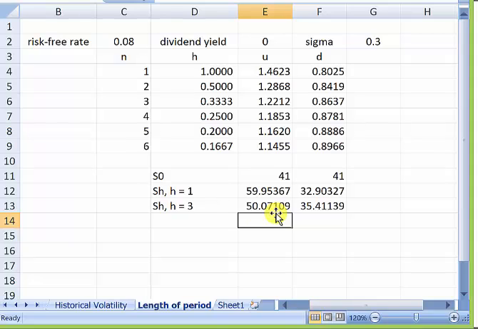The down state is 35.41. The down state price is higher than 32.90, and the up state is much smaller by almost $10. So that just says that in the shorter time period, the stock moves by less magnitude. That's what you have with a denser and denser lattice.